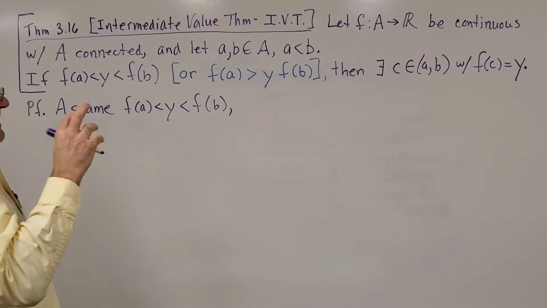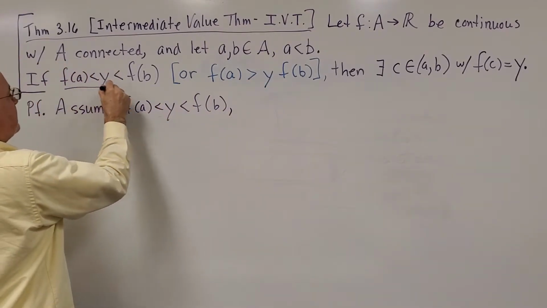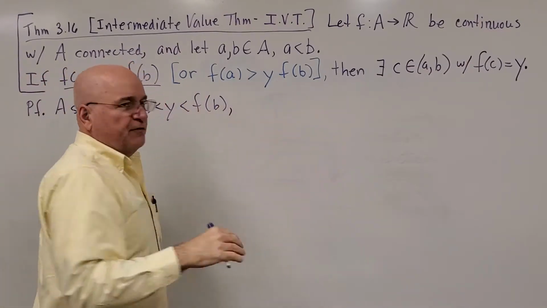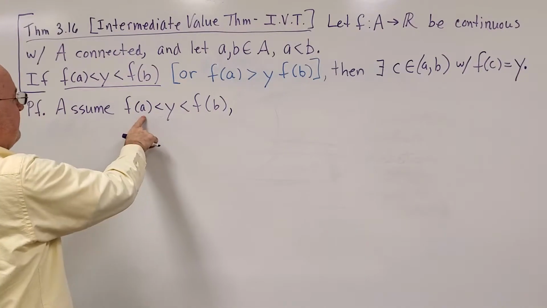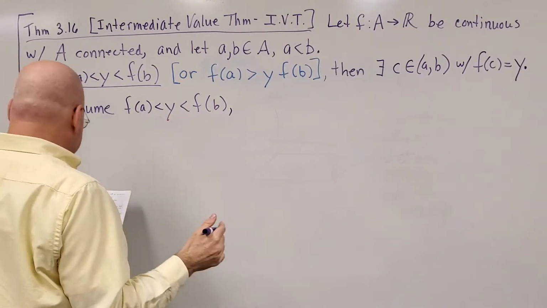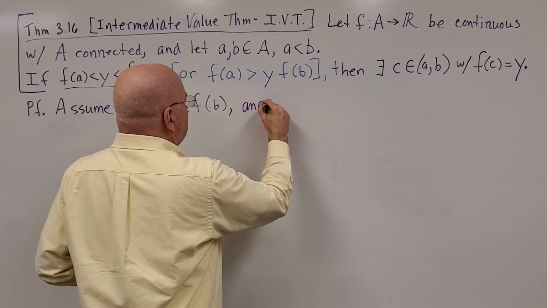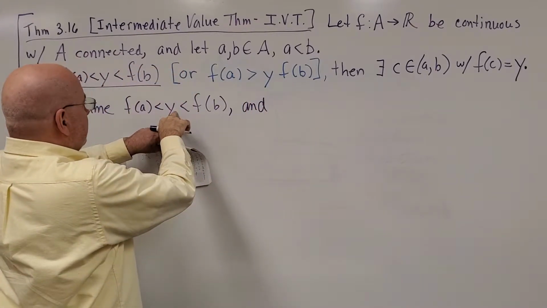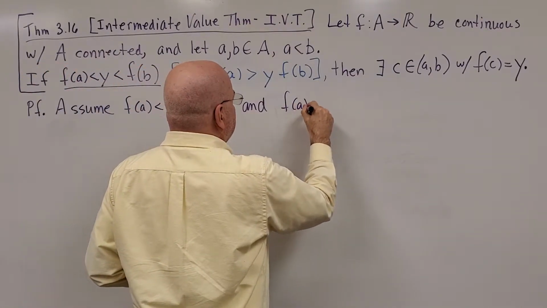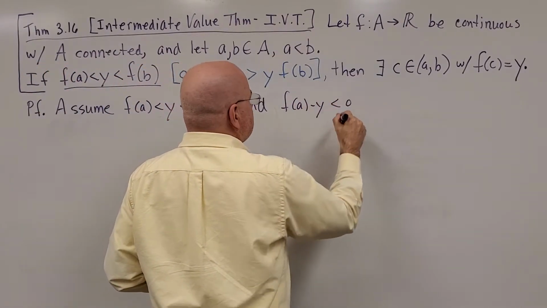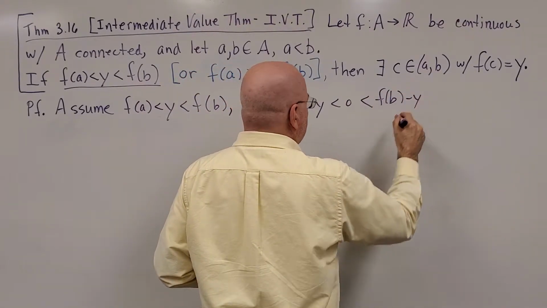Okay, well, we have two possible values for the number y being in between f of a and f of b. We're going to assume this one. If we chose this one, the proof would be very, very similar. So we're just going to prove it for this case here. Assume f of a is less than y, which is less than f of b. And therefore, what do we get? I would like to have 0 in the middle, so I'm going to subtract y from all three sections. f of a minus y is less than 0, less than f of b minus y.